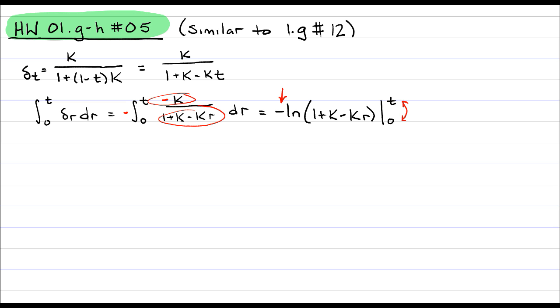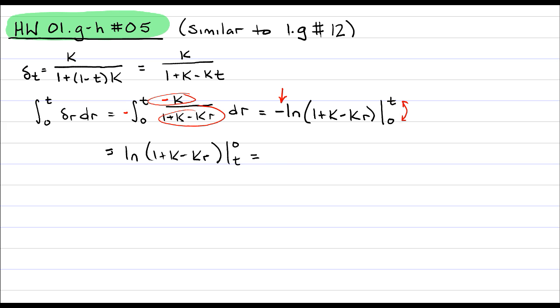It makes it less likely that I'll make a sign error. So I get the natural log of 1 plus k minus kr, evaluated not from 0 to t, but from t to 0.